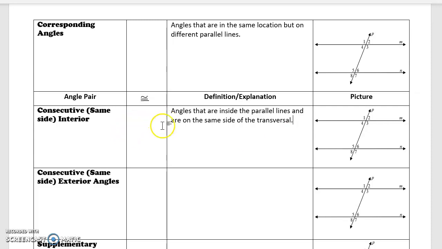So in this space, you're going to write angle 4 and angle 5, consecutive interior angles, and then you're going to give me the other two angles that are same side interior angles. We already said angle 4 and angle 5. What other angles are same side interior angles? All right, the teacher's going to pause the video so that you guys can write those down.